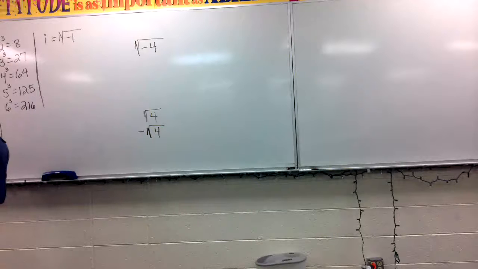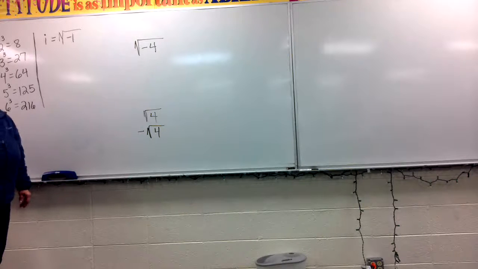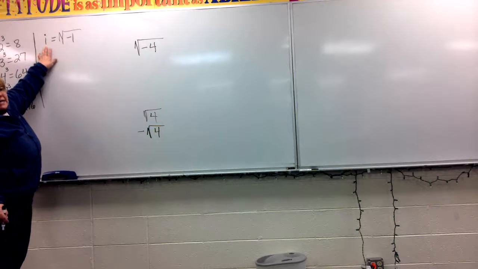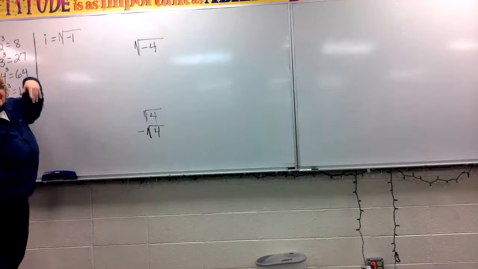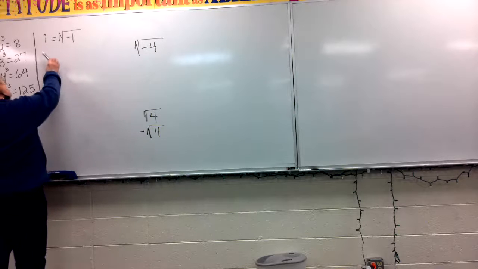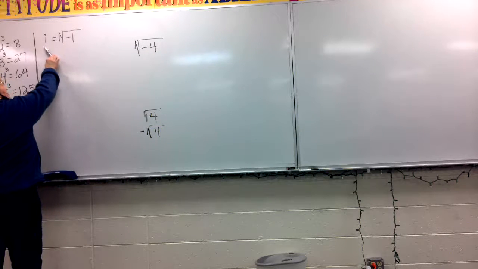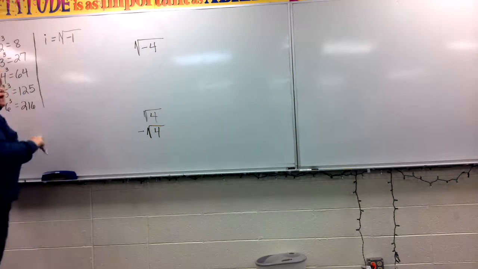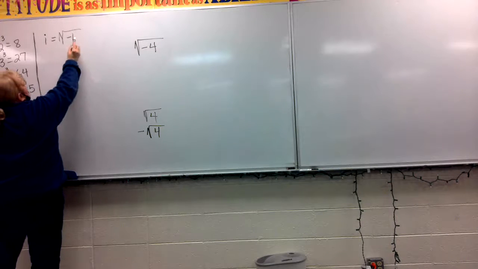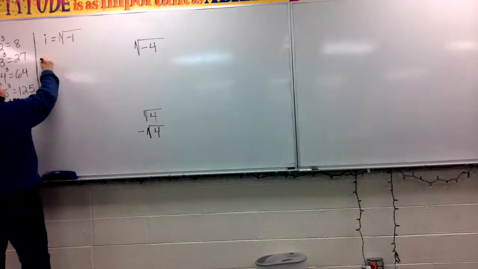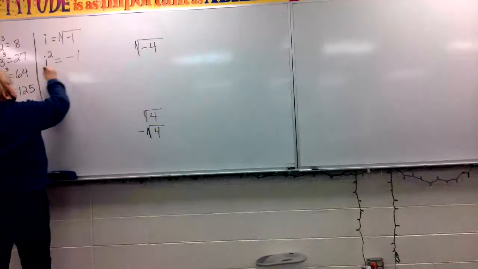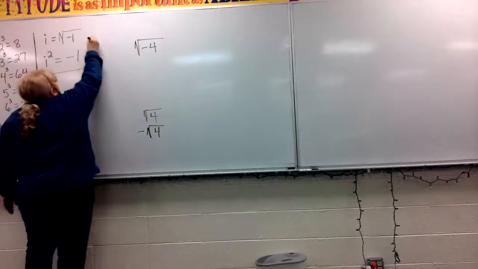The square root of -1 is an imaginary value called i. They invented this. They created it. And this imaginary value i is equal to the square root of -1. And if you square both sides, then i squared is -1.